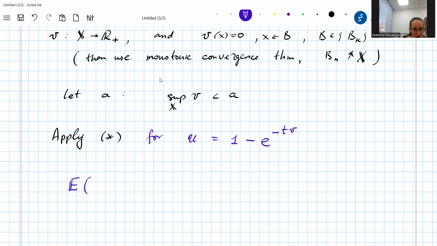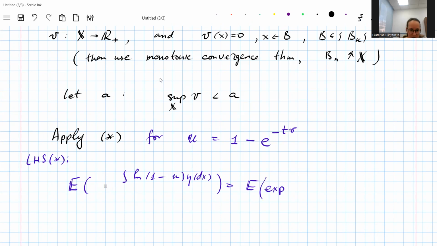So let us see that for such a function we will have the Laplace transform. Indeed, on the left-hand side of star, we have the exponent of the integral of the logarithm of 1 minus u, with respect to eta dx. If I substitute, you can see easily that we will have just the exponent of the integral of minus tv.